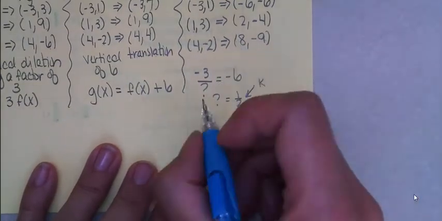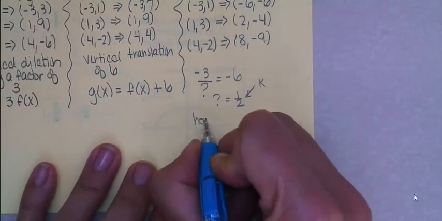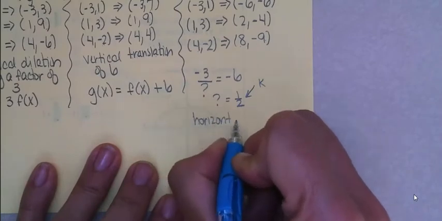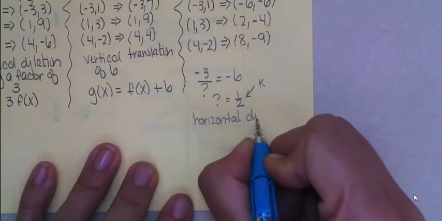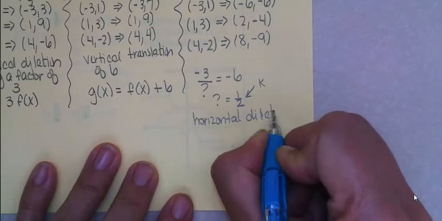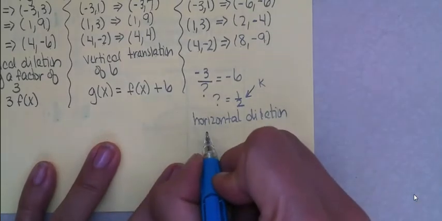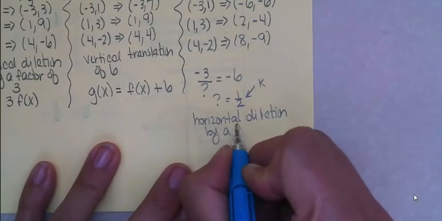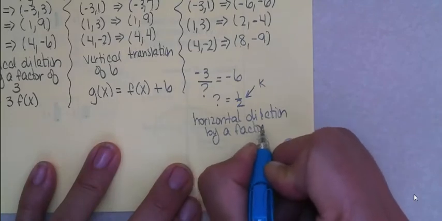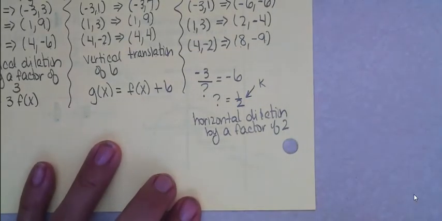Let's go up here. So I know that I have a horizontal dilation by a factor of 2. Okay, so I know that.